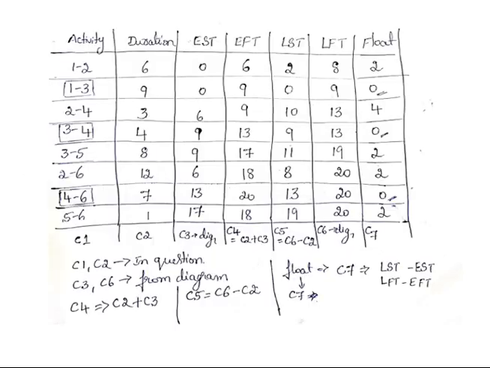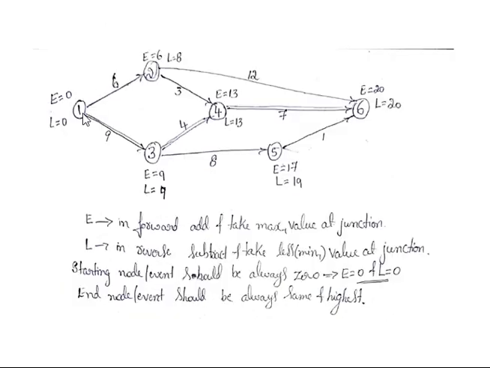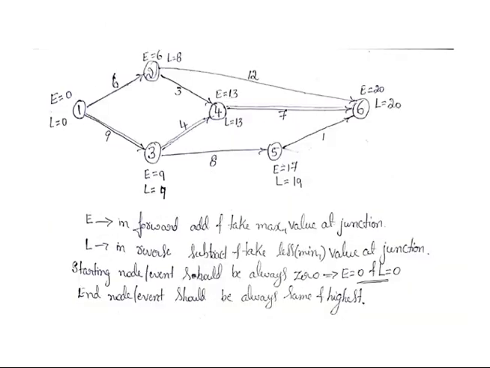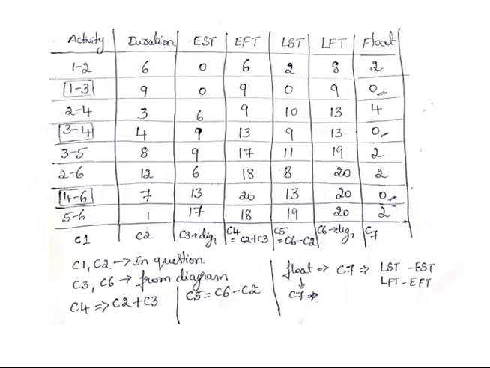Then 1 to 3 finishes exactly at 3, where the L value is 9, so the 1 to 3 LFT becomes 9. Then 3 to 5 finishes exactly at 5, where we have an L value of 19. Use that L value in the LFT portion.